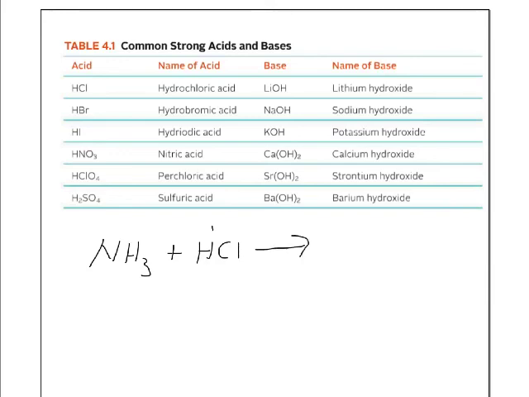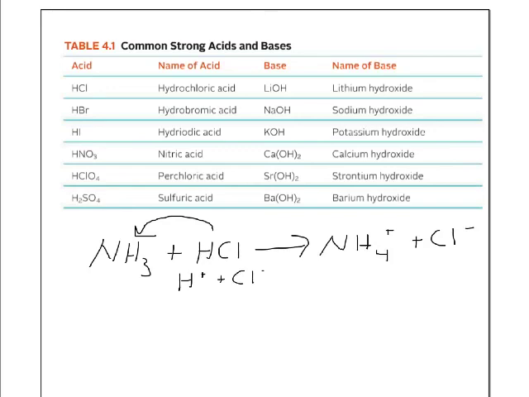Hydrochloric acid is the acid, ammonia is the base, so the hydrogen goes there. That means on this side we're going to have the ammonium ion and the chloride ion. And I could have said at the beginning that over here we would also have that for hydrochloric acid.